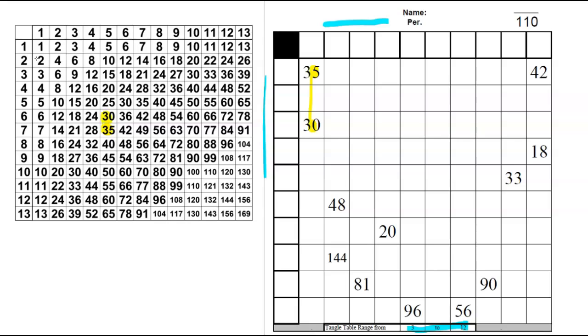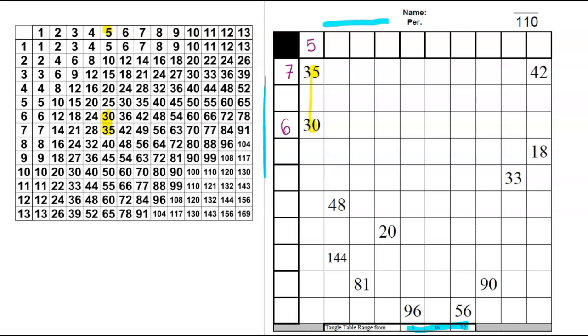But 30 and 35, the number 5 goes into both of them. So in my Tangle table, right, I would put a 5 up at top because 5 times 7 gives me 35. And then 5 times 6 gives me my number 30.